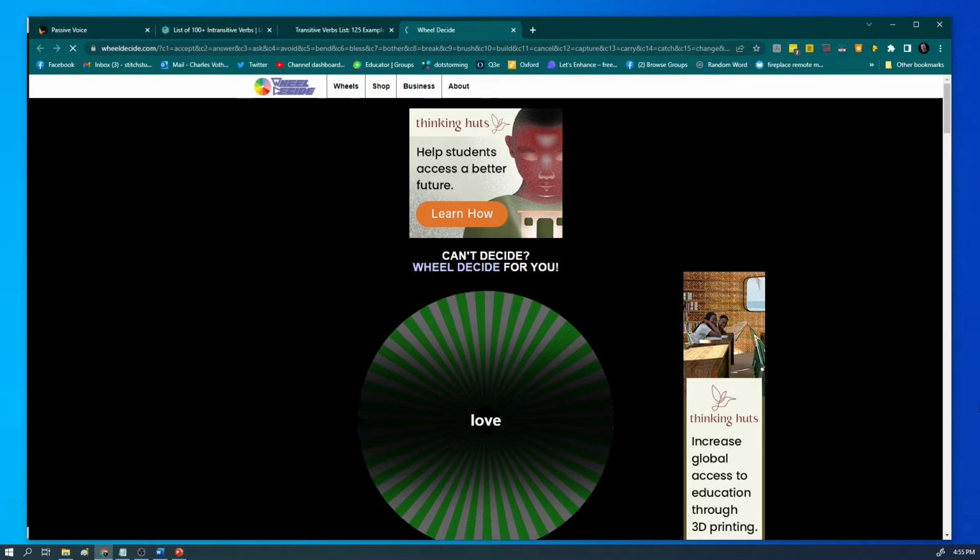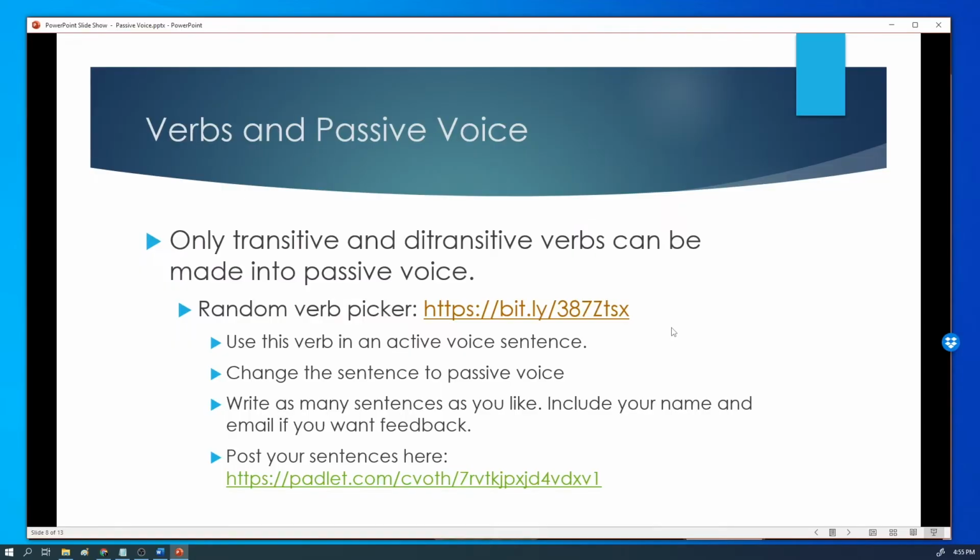Okay, use this verb in an active voice sentence. So you can say, my sister loves candy. And then change it to the passive voice. Candy is loved by my sister. Okay, so here's the simple present. Here the verb be is simple present.